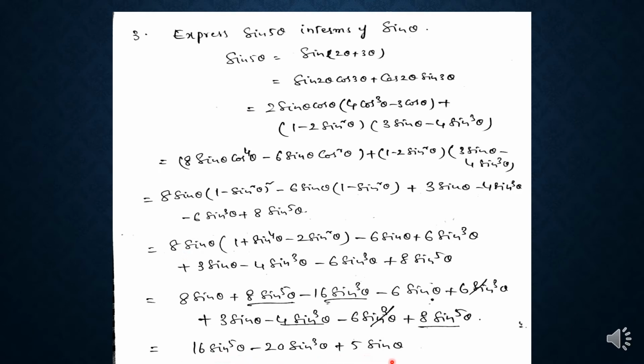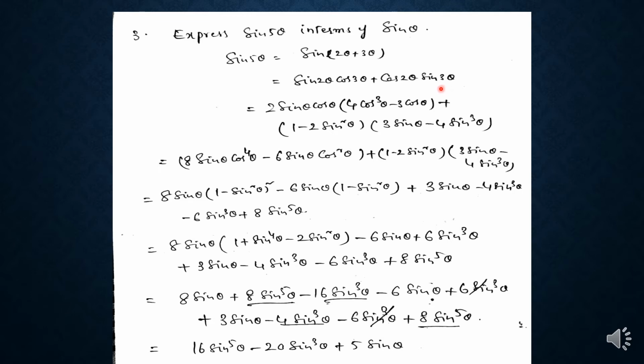So once again, to express sin 5 theta in terms of sin theta, we have written 5 theta as 2 theta plus 3 theta. Then this term becomes of the form sin of a plus b, which can be applied as sin a into cos b plus cos a into sin b. So sin 2 theta into cos 3 theta plus cos 2 theta into sin 3 theta.